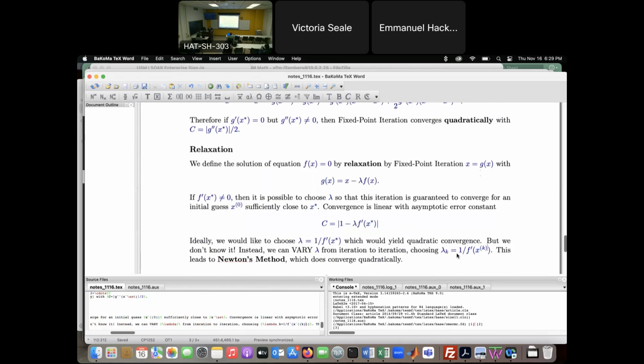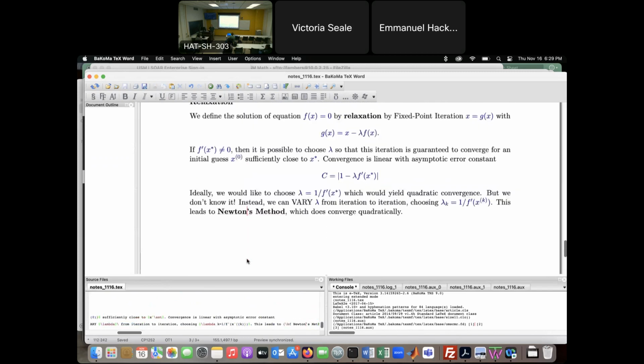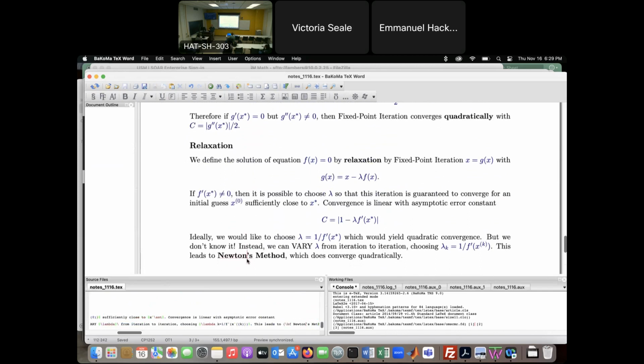And what happens is this varying lambda, because x k is converging, is converging to the fixed lambda that would have led to quadratic convergence. So that is one way of deriving Newton's method, and that method actually does converge quadratically. I did this in my notes. Yes, in my notes. Okay.